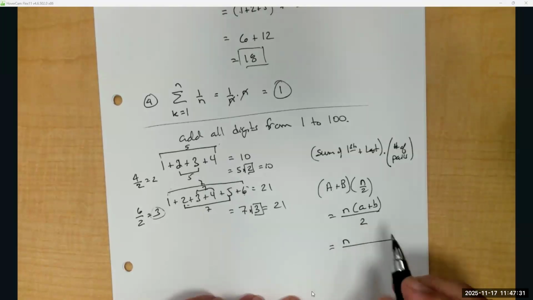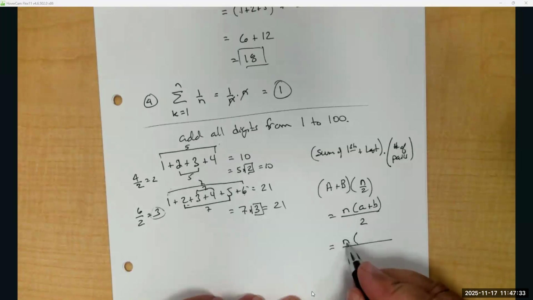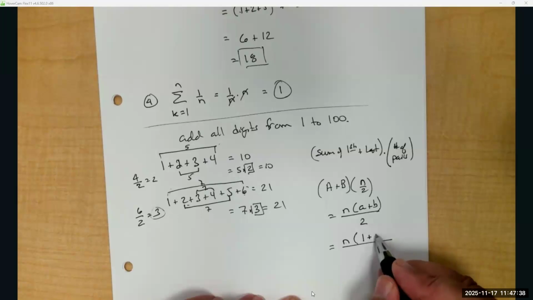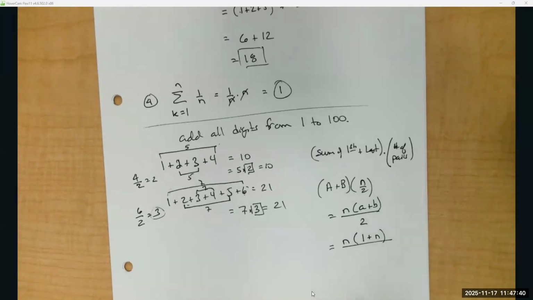Since we only deal with n's, the n is the number of elements you have. You start off with 1, the first one, and you add the nth element, and there's your summation.